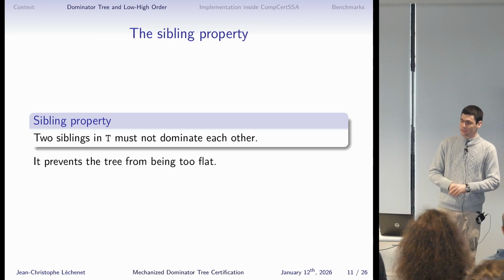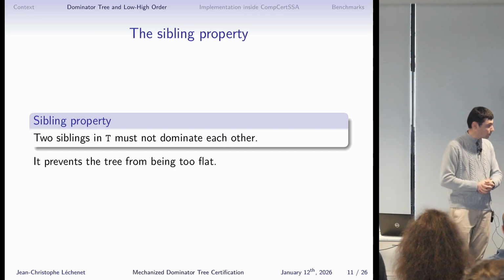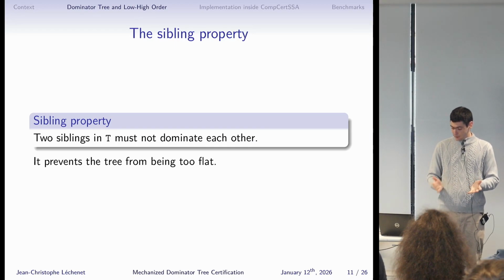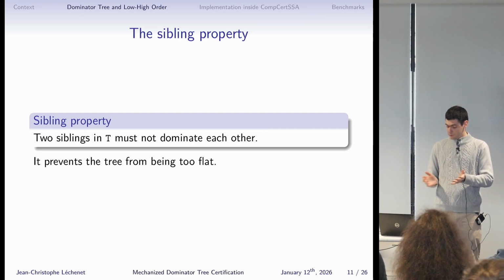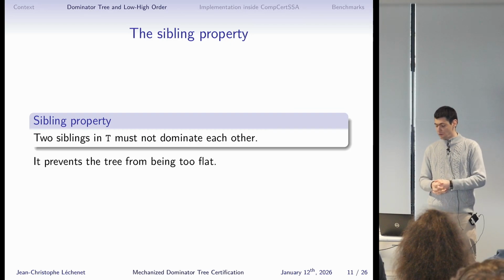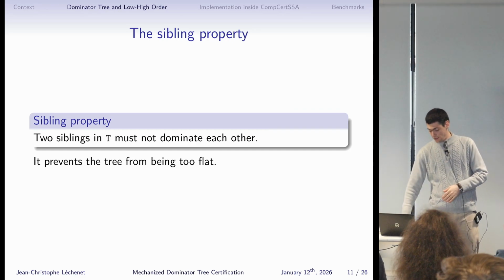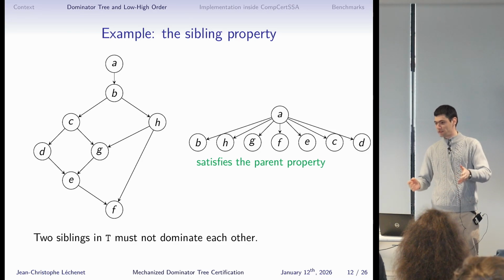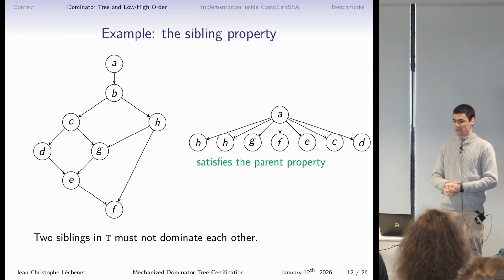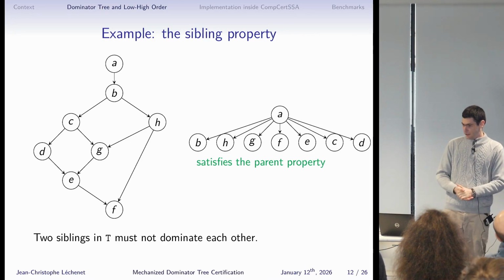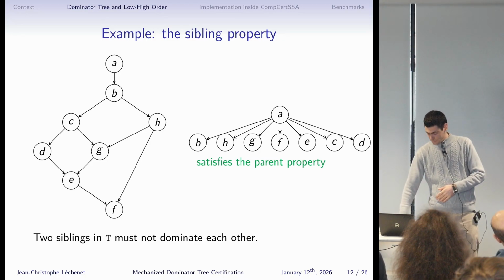The second property they introduce is the sibling property, which is like this. Two siblings in the tree must not dominate each other. Intuitively, it prevents the tree from being too flat, because there is one trivial tree that always satisfies the parent property, which is this flat tree, where the entry node is the parent of every other node, but of course it's not the dominator tree.